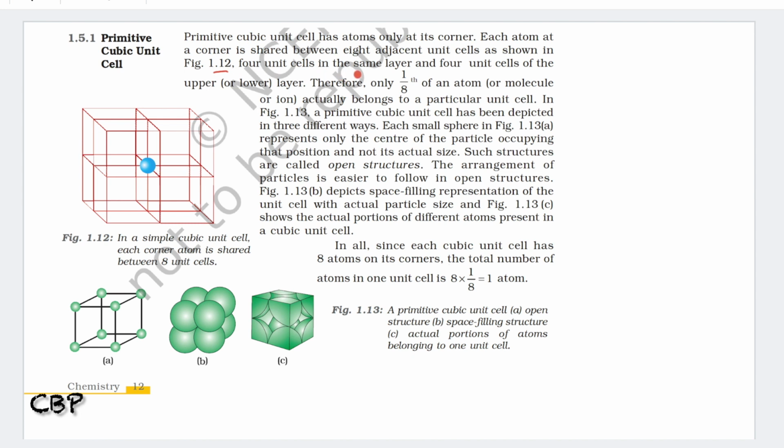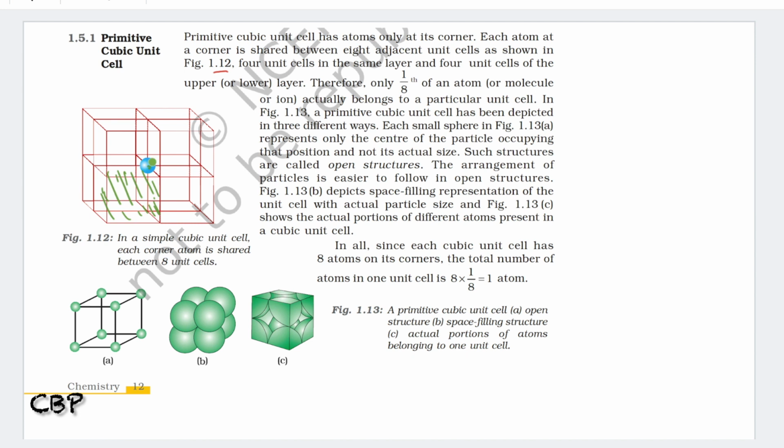4 unit cells in the same layer and 4 unit cells of the upper layer. Let us take one unit cell as an example and take that corner atom.